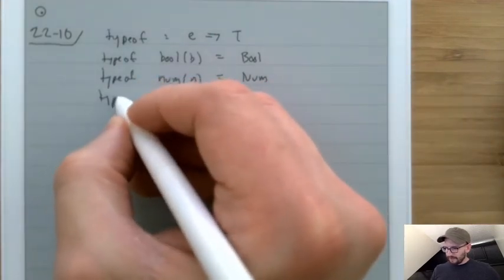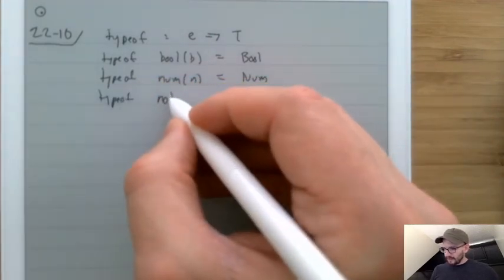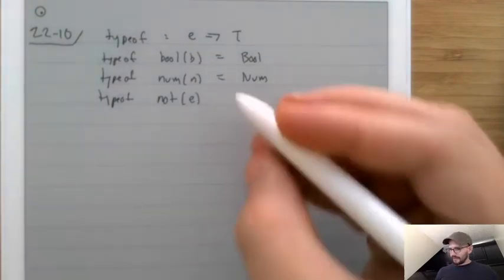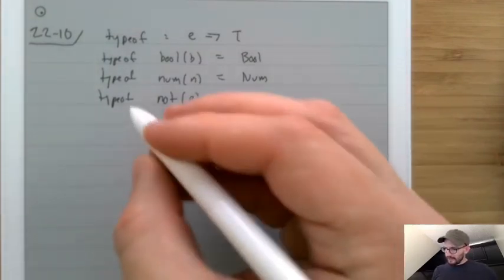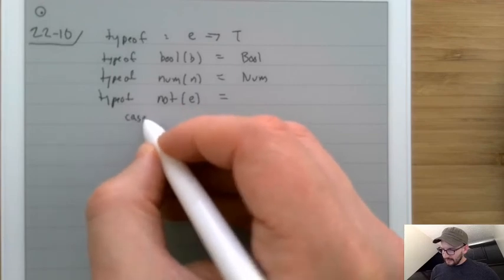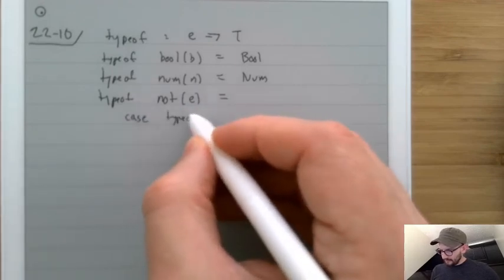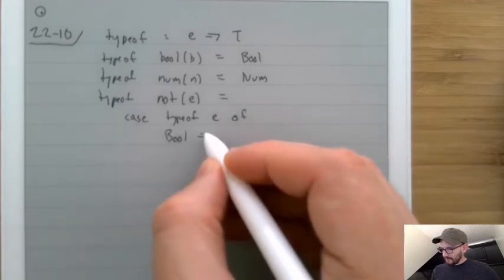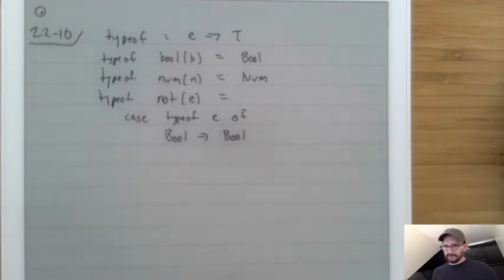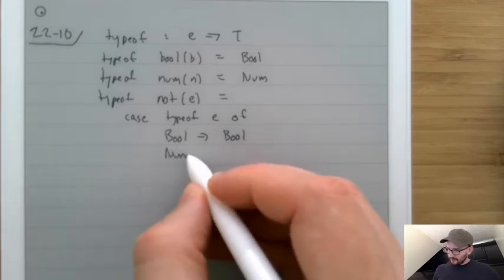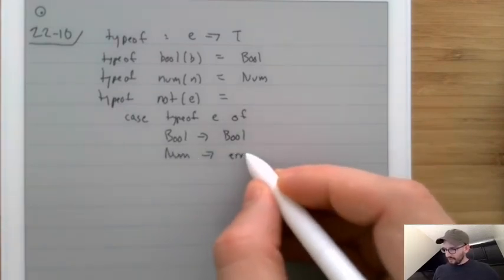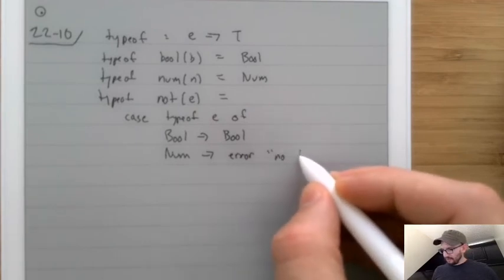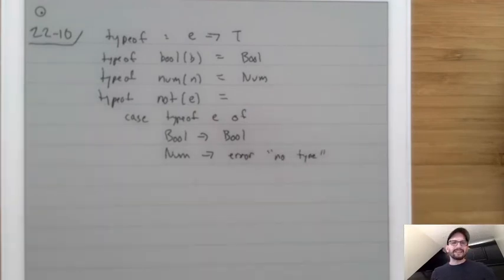If we call typeOf on a not of some expression e, then what we're going to do is we're going to say case typeOf e of bool goes to bool. Number goes to error, no type. And maybe we can make a nice error that says, I couldn't construct a type because I expected it to be a bool, but it was actually a number.